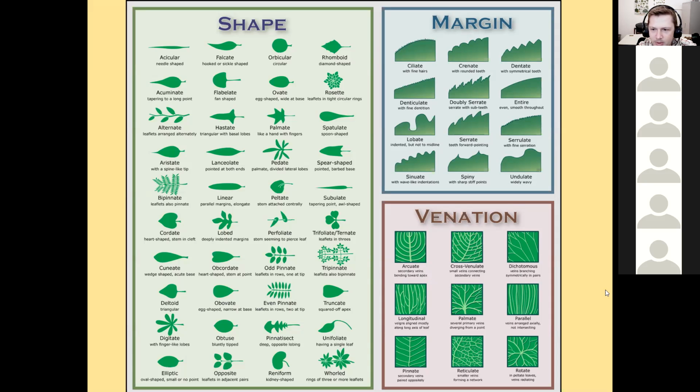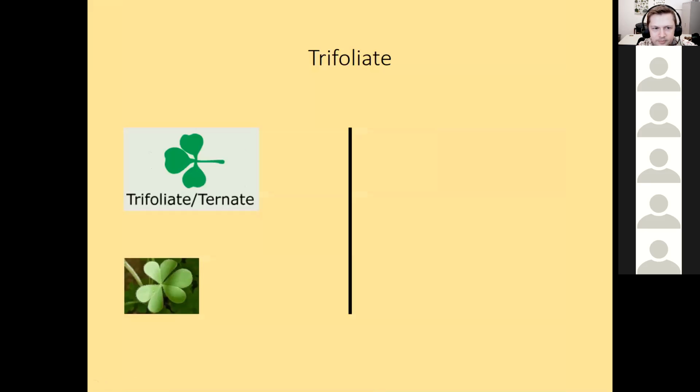And basically, you can see that there's different patterns within the veins, and that can be really helpful as well, seeing those patterns. So just to show you how the Latin will work a lot of the times, you can use this to your advantage when trying to familiarize yourself and potentially keying out or making sense of what you're looking at.